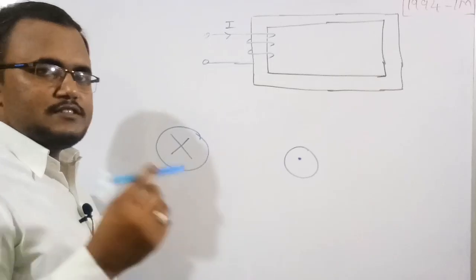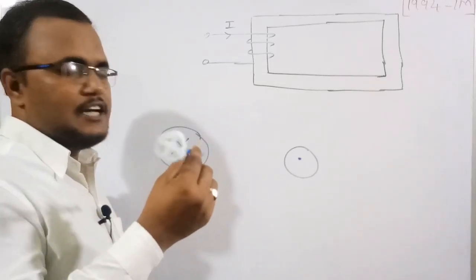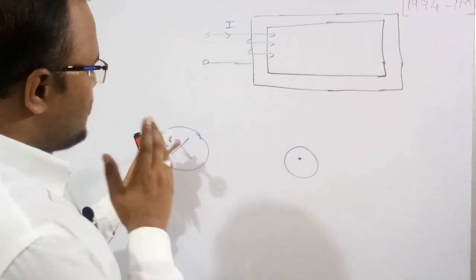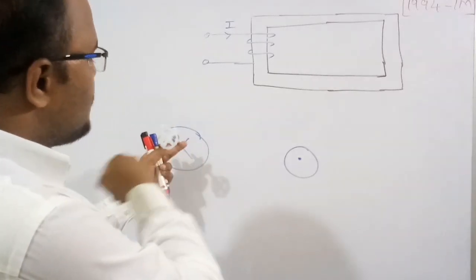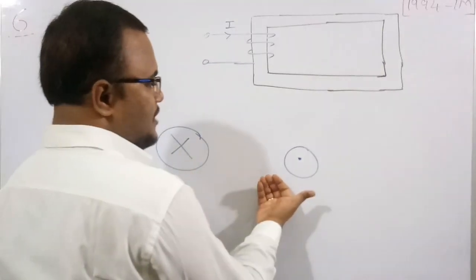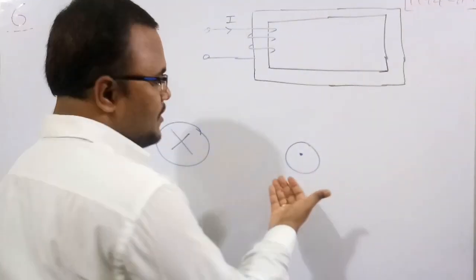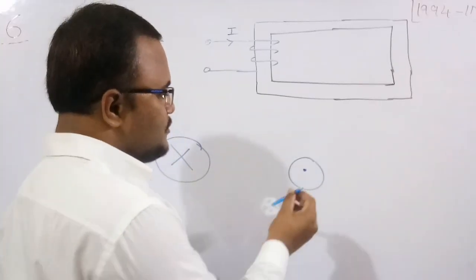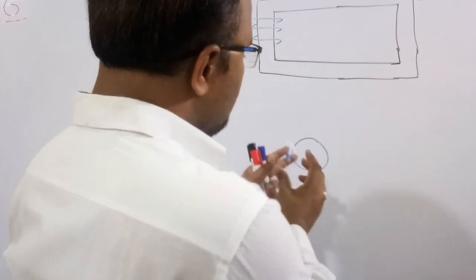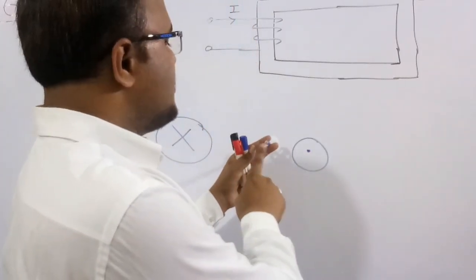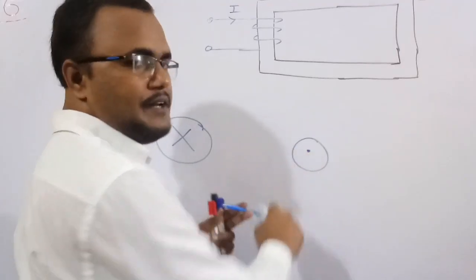See, suppose this is the current. If this current is going inside, then from the outward we are able to see a cross mark. So that's why I wrote it as a cross mark. Suppose the current is coming towards us, coming outside this board, then if you see from here, we are able to see only the point, the nib point. So therefore I wrote it as a nib point.